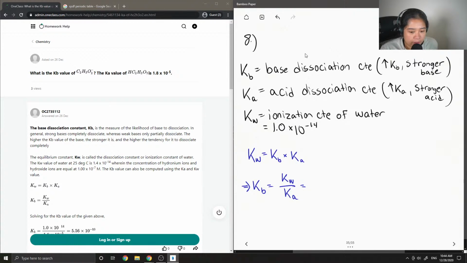So the Kw value we know is 1.0 times 10 to the negative 14, and our Ka value is given. It is 1.8 times 10 to the negative 5. Okay, so if we divide the two, we get a Kb value of 5.56 times 10 to the negative 10.